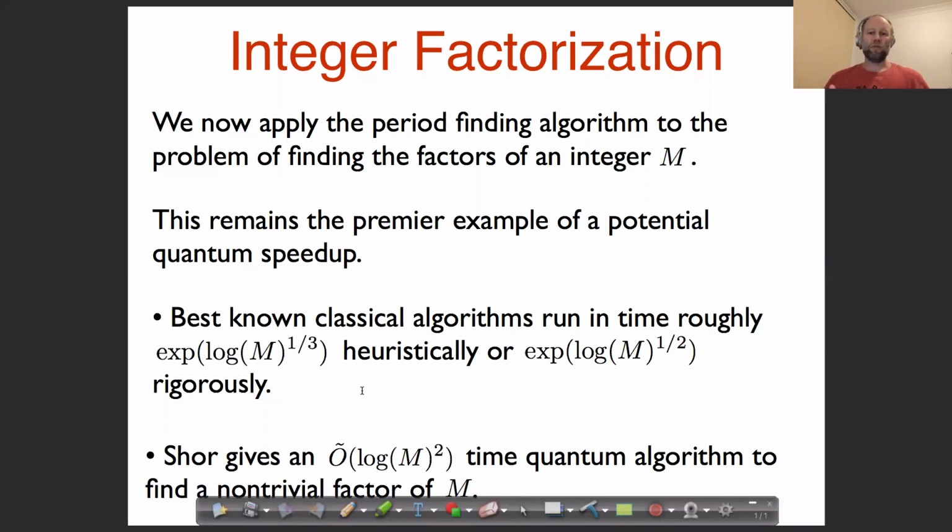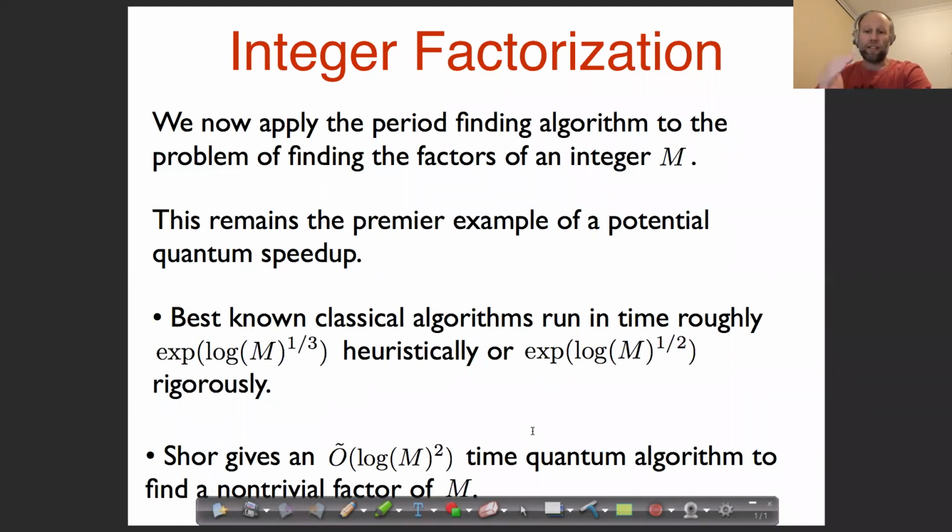And what Shor gives is an algorithm whose complexity is only polynomial in log m. Here I'm using this O tilde notation, which just hides lower order factors, so factors that are polynomial in log m. So just so you know what that means.